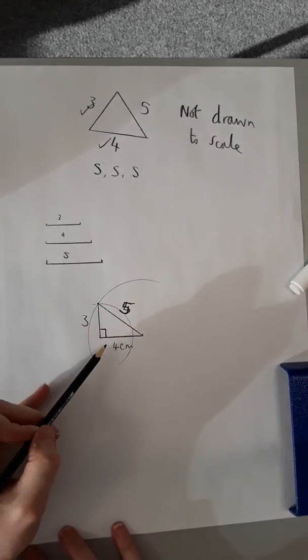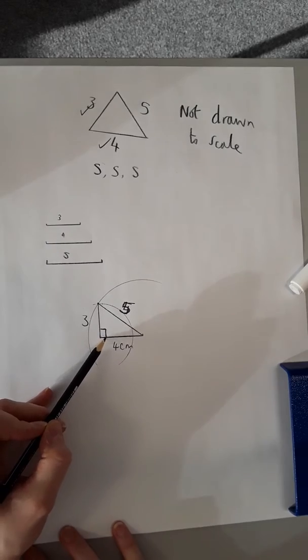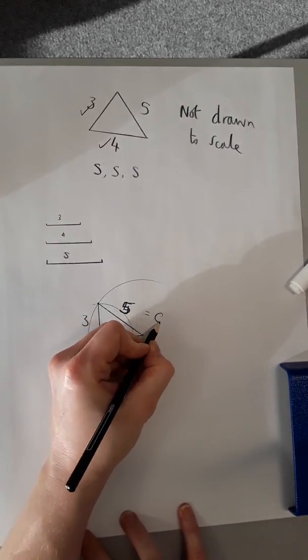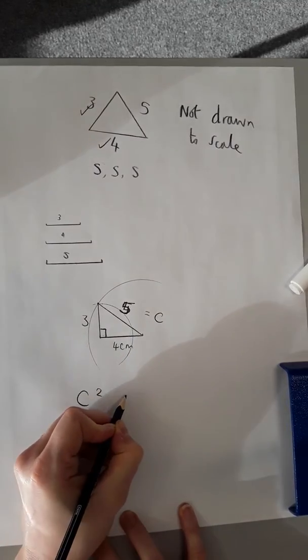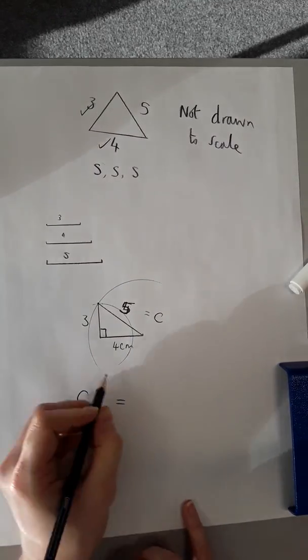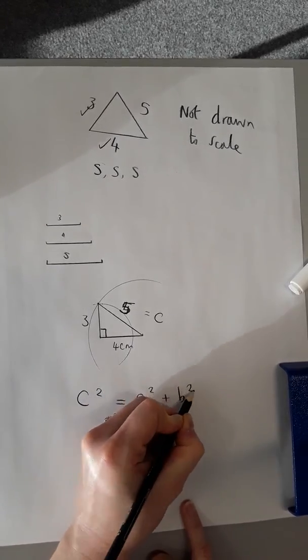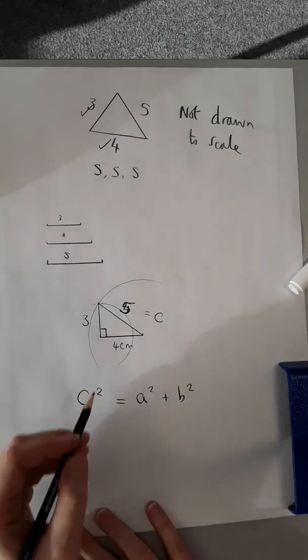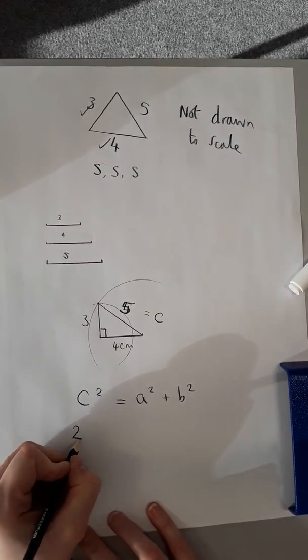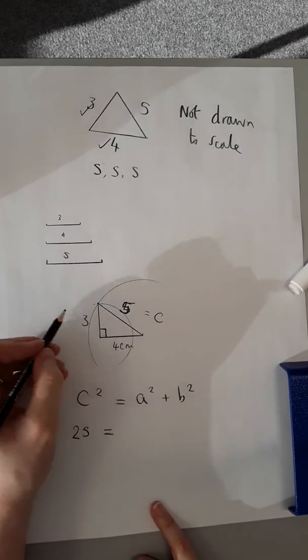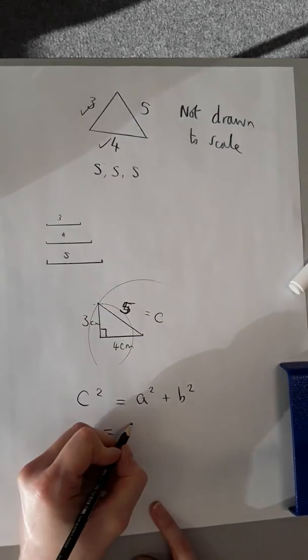I know that when this is drawn accurately that we get a perfect right angle. Now that's because the hypotenuse, which is called C, when it's squared in a right angle triangle, the other two sides, the square of them added together, will make exactly the same amount. So for instance here, 5 squared, which is 25, is equal to a squared, which doesn't matter which side you use, I'm going to use 3.